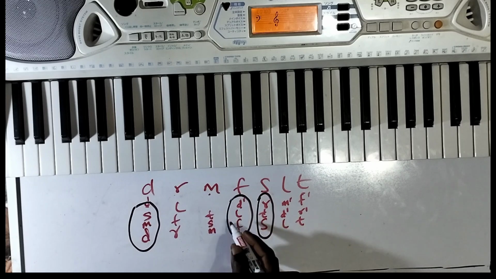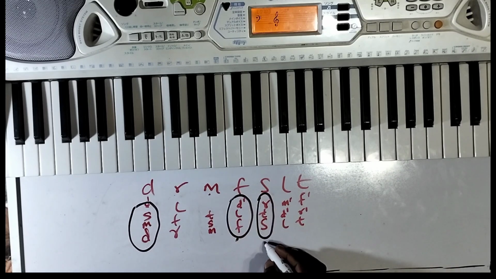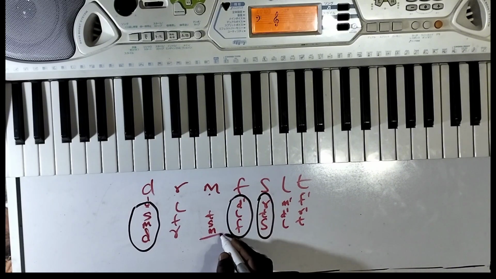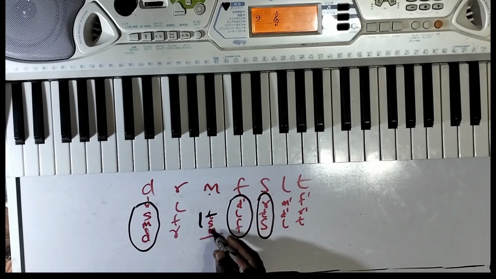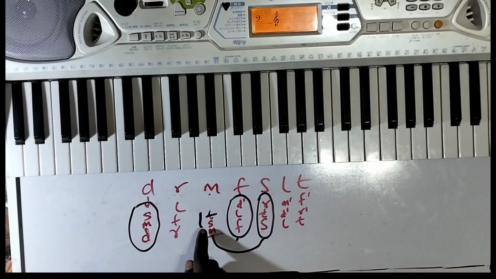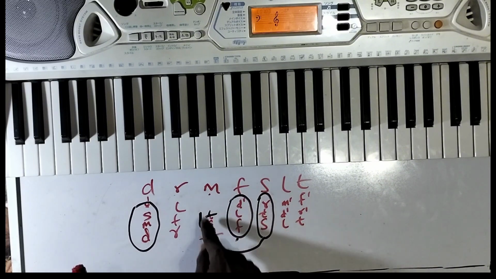This one can be substituted with number 5, sol chord, because there is sol and ti, these 2. So there is sol and ti here. So this one goes with this. That's how to do the substitution, because sol and ti is here, sol and ti is here. So this one can actually be used with this one.